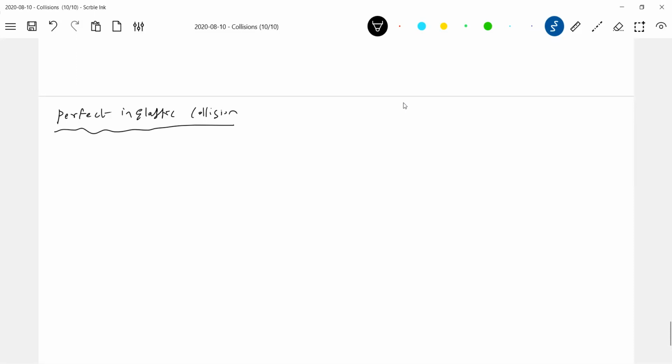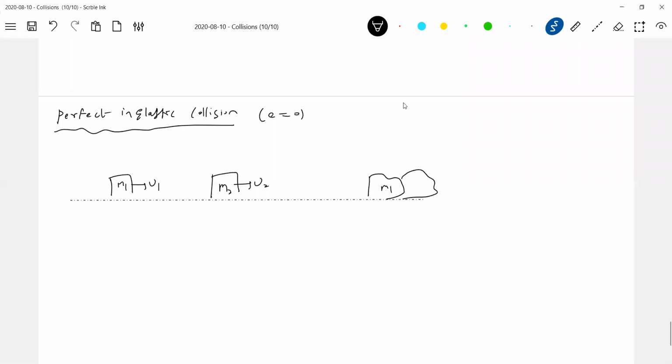Perfect inelastic, E will be 0. The two objects are moving with velocities u1 and u2, they'll undergo collision, and they'll move with a common velocity.